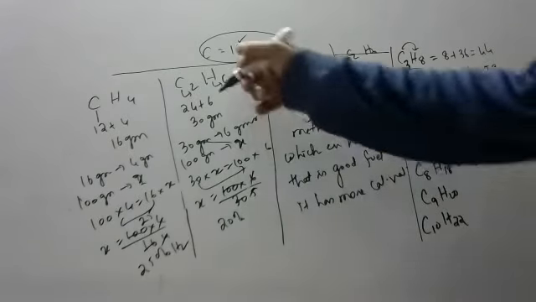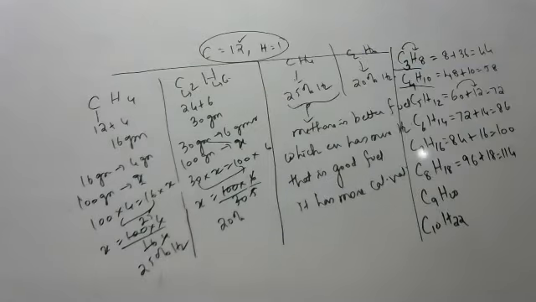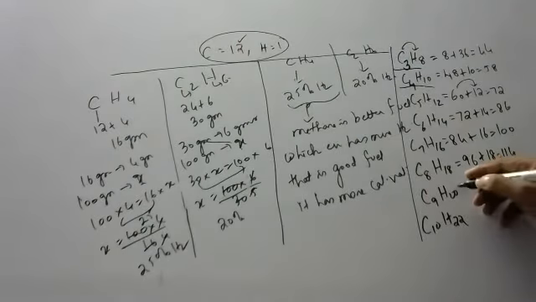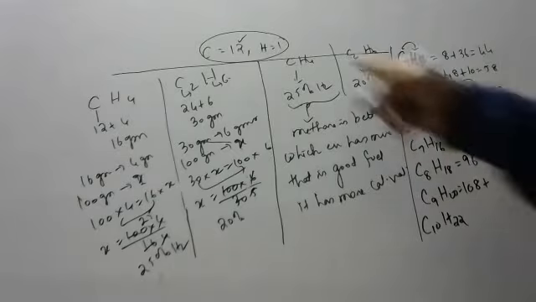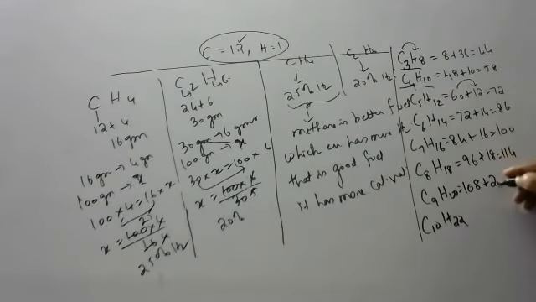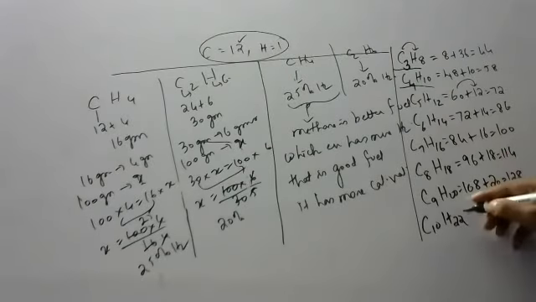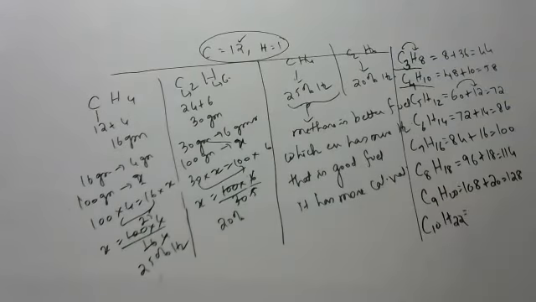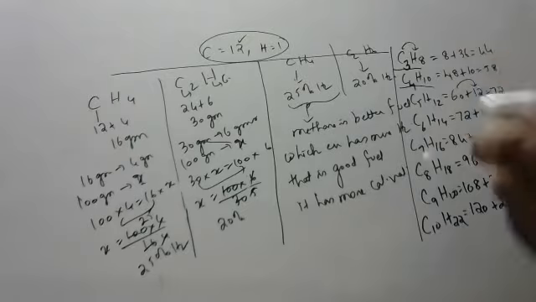Next, Kushal, C9H20 weight. 108 plus 20, 128. Then C10H22: 12 into 10 is 120, plus 22, 142. Okay, children.